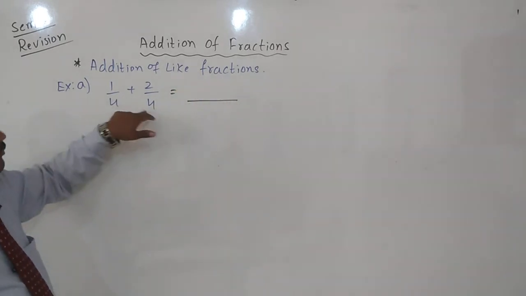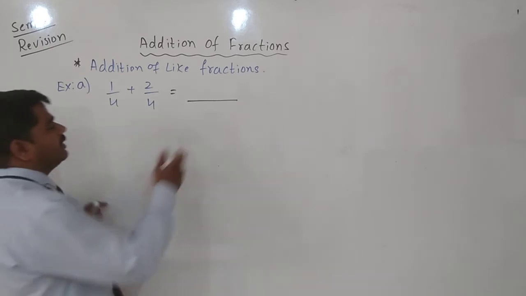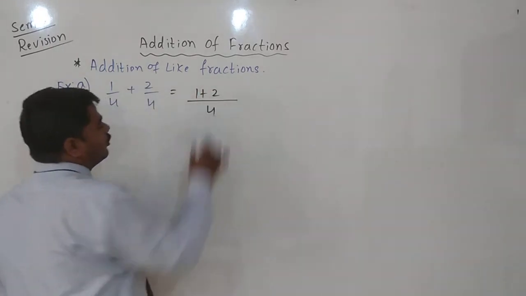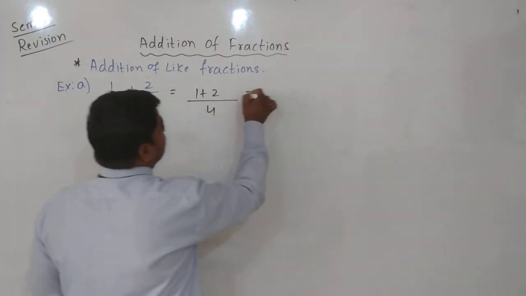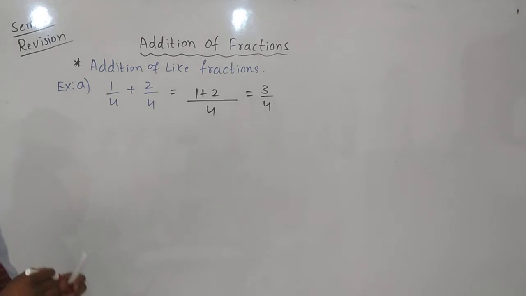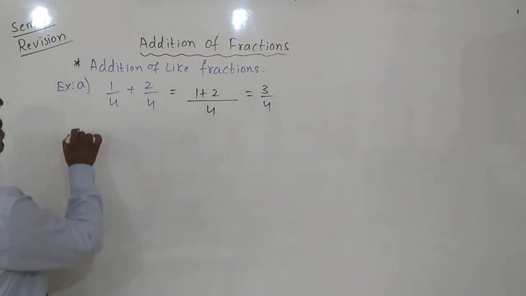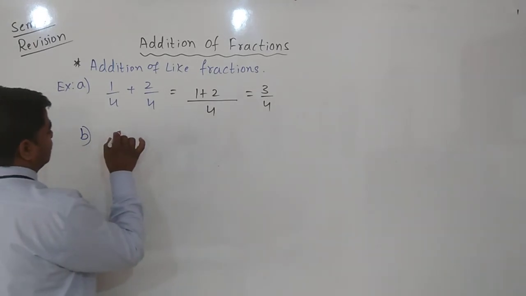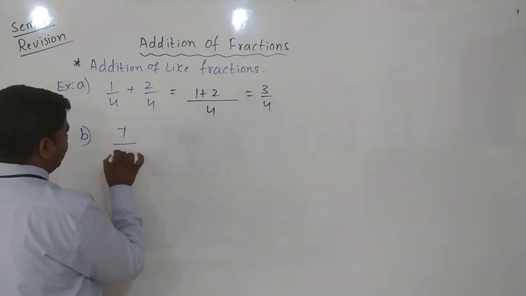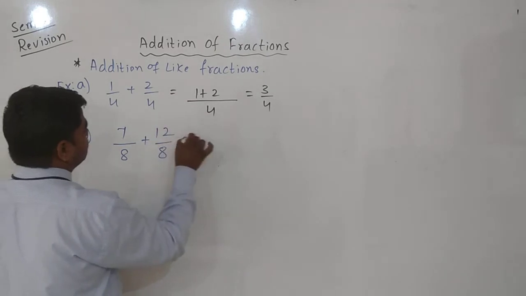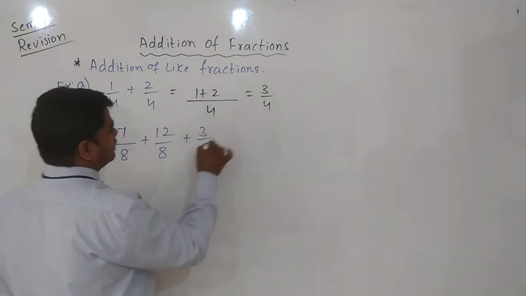Here you take 4 as the one common denominator, then add the numerators, 1 plus 2, then it is 3 by 4. The answer is 3 by 4. One more. We'll take 3 fractions: 7 by 8, 12 by 8, 3 by 8.